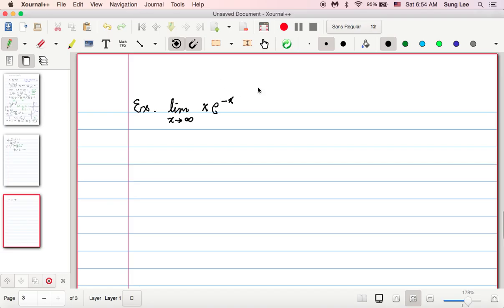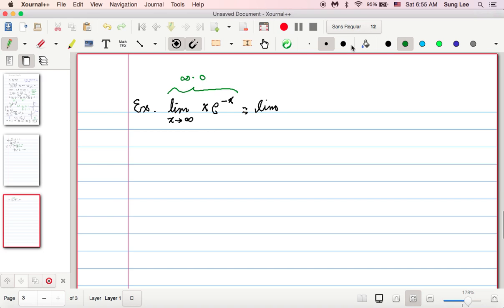By the way, I should mention this limit is what? Infinity times, when x goes to infinity, this goes to 0, right? So infinity times 0 type, the indeterminate form, right?